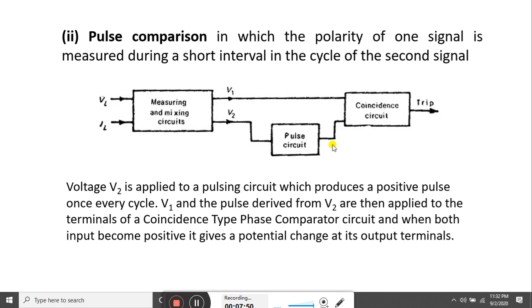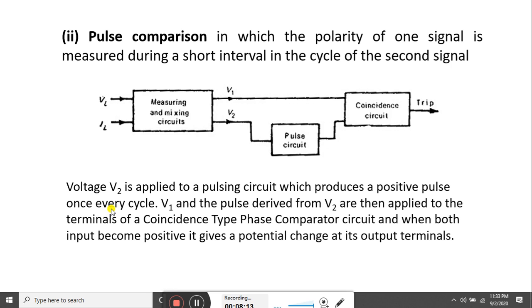When V1 is positive and the output from the pulse circuit V2 is also positive, the coincidence of these two positive signals is compared, and it gives a command whether to trip or restrain.